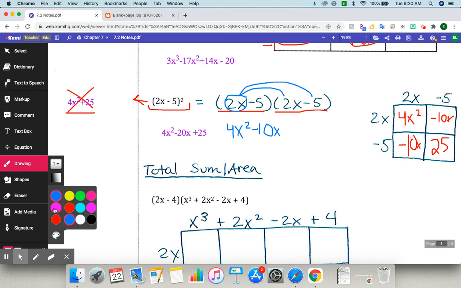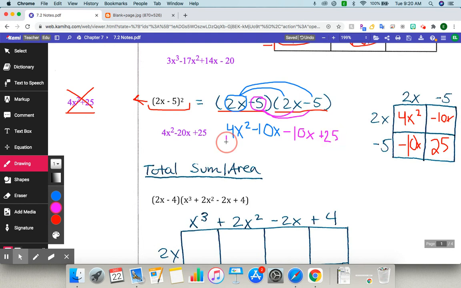But then you're also distributing the second term in the first factor to each term in the second factor. So negative 5 times 2x is, again, negative 10x. And then negative 5 times negative 5 is positive 25.